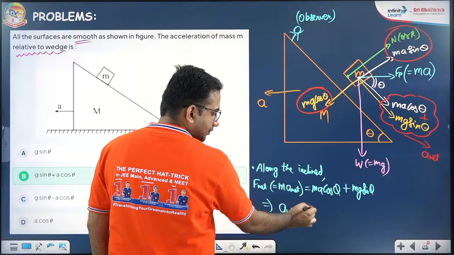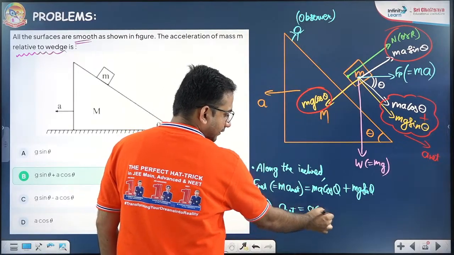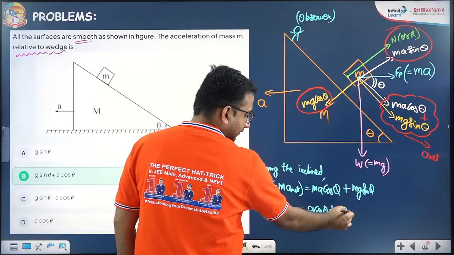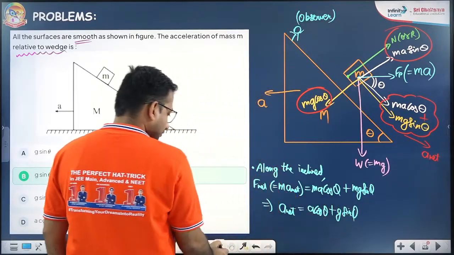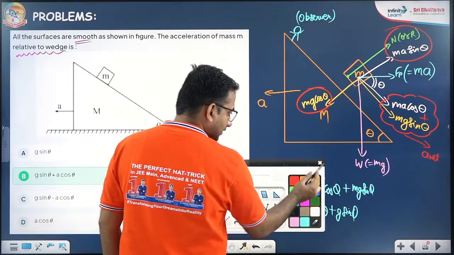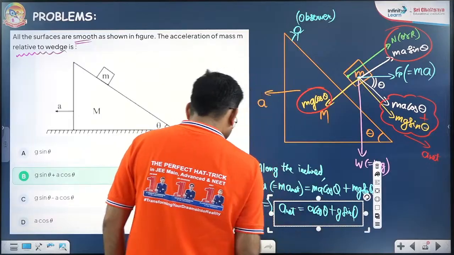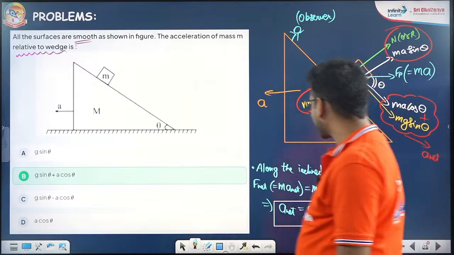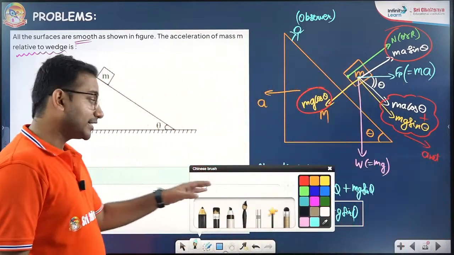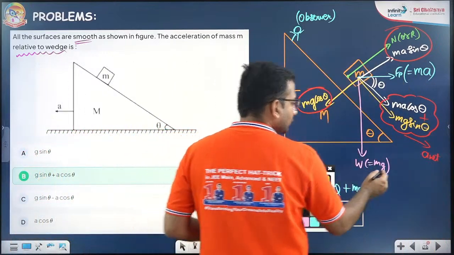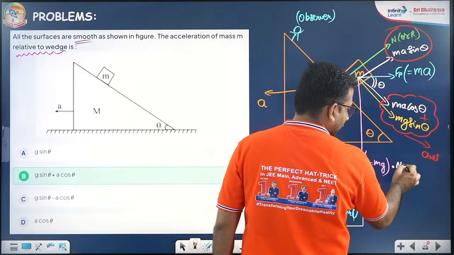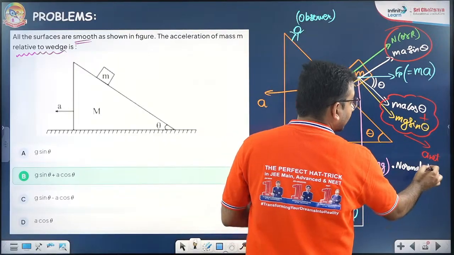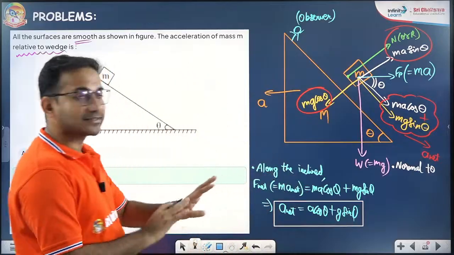The net acceleration is A cos theta plus g sin theta. See, that's the result in front of you. A cos theta plus g sin theta, that's what they asked. And if they say normal or perpendicular to the incline, your question and answer is done.